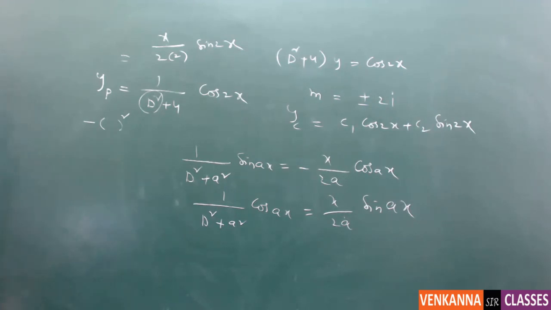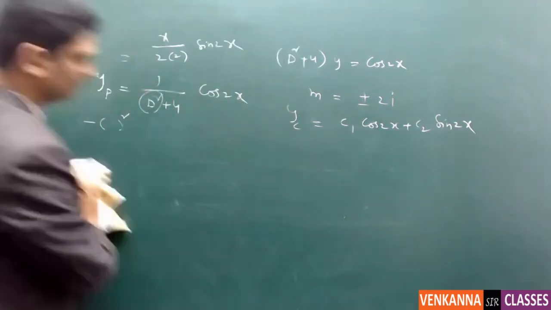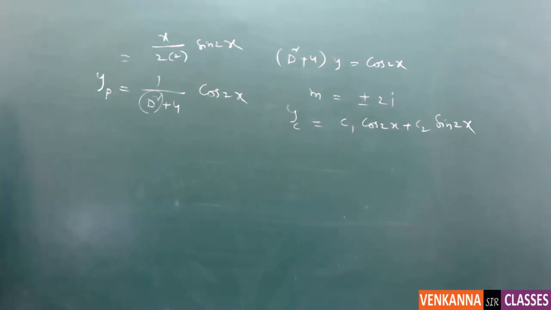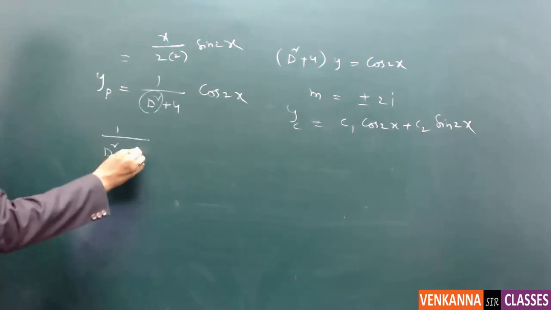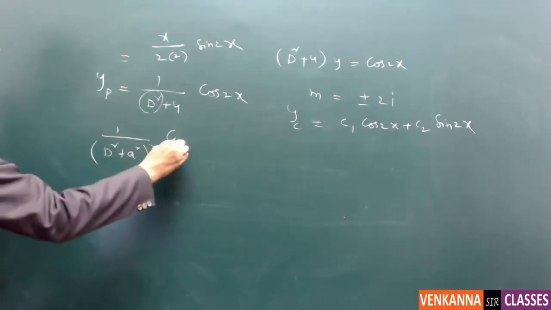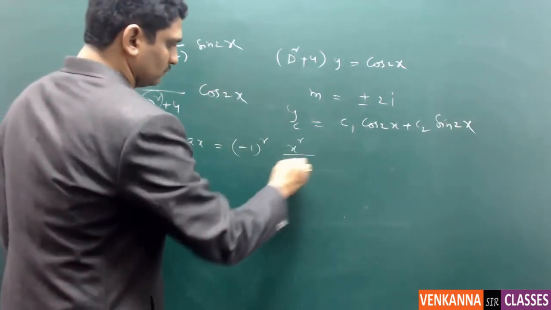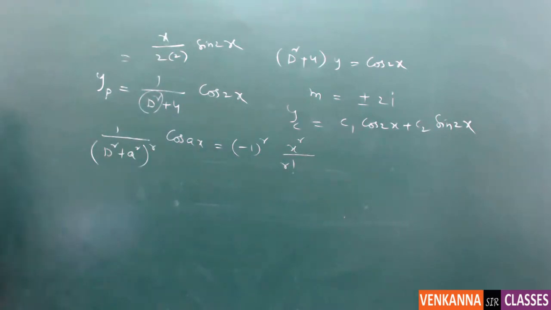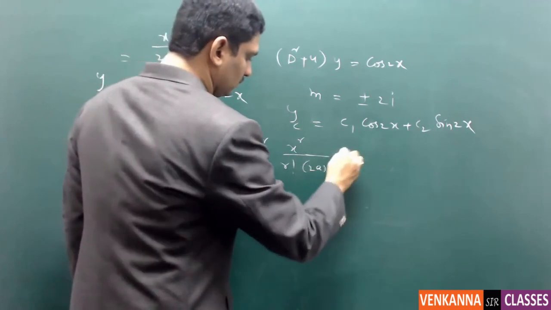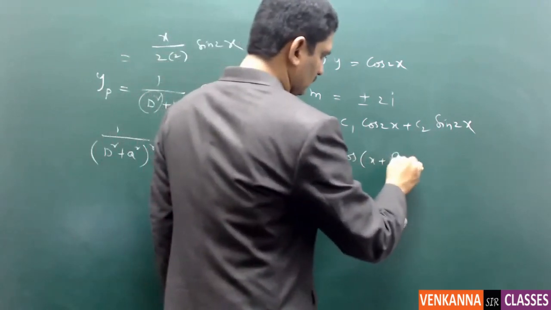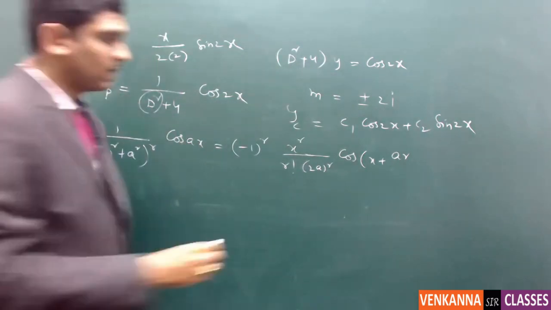So please take a note of it. x power r by r factorial cos of (ax plus pi r by 2).